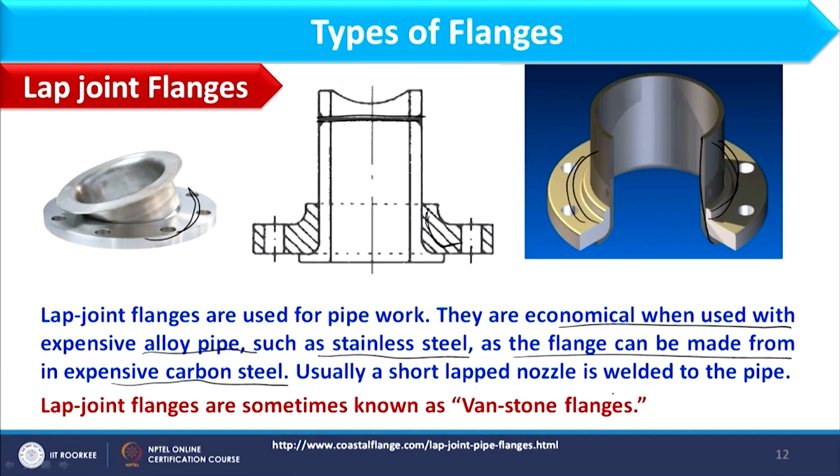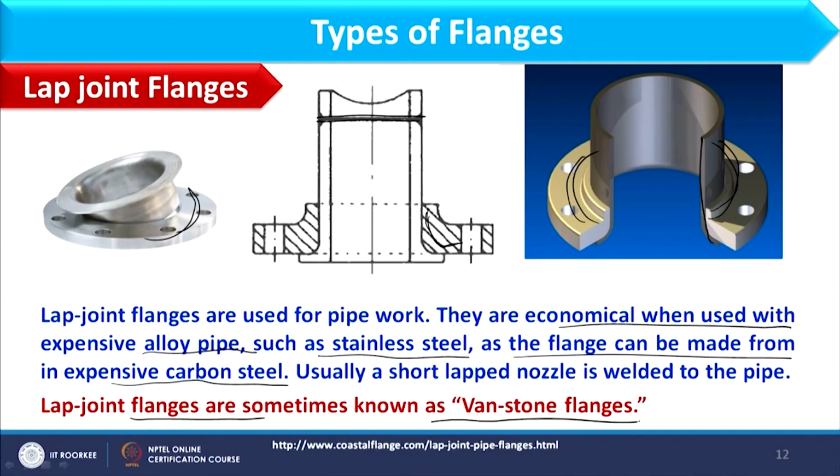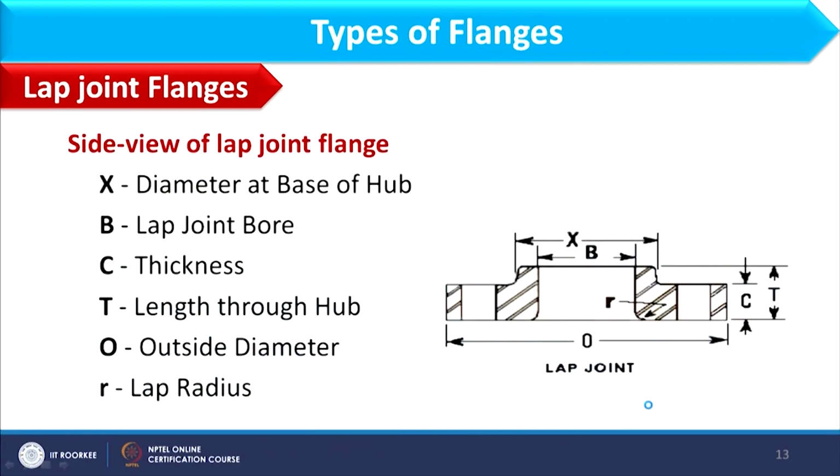Whatever flanges we have discussed till now have a single material, and if I am using a very specific material or very costly alloy, in that case the lap as well as the flange can be kept of different material. In that case only lap joint will be applicable. Lap joint flanges are sometimes also known as Van Stone flanges. So, this is the use of lap joint.